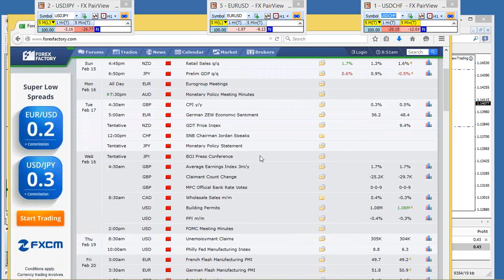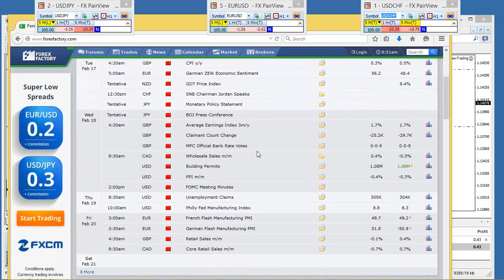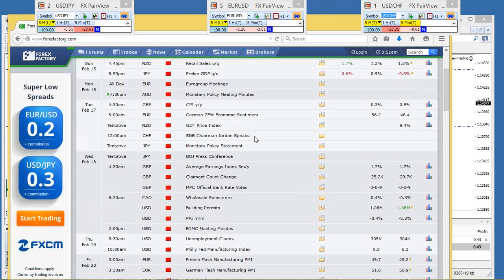From a news standpoint, I don't see a whole lot on here for the next couple of days. We got Thomas Jordan, the head of the Swiss National Bank, speaking tomorrow at noon. I wouldn't be half surprised if he tries to talk down the Swiss franc.